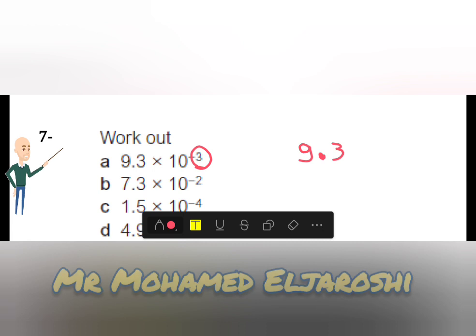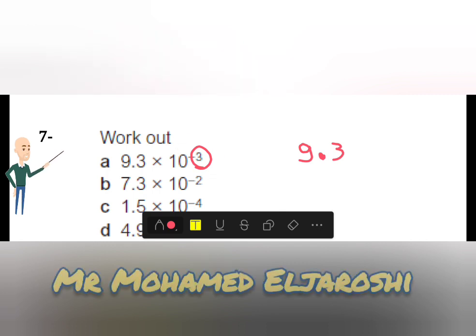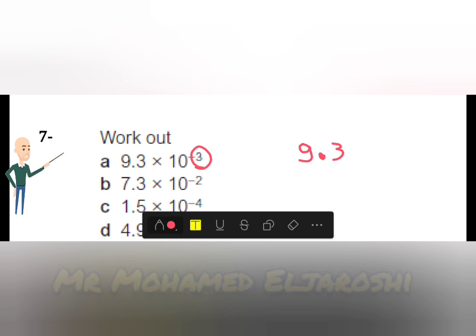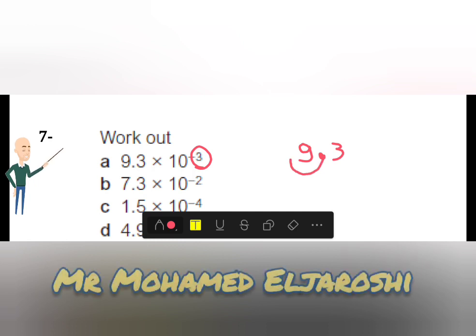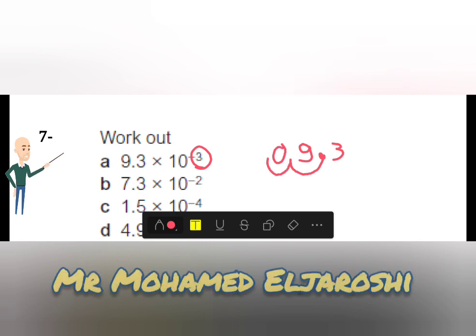Now, each time you move it away from a number, you have to put zeros. Let me explain. Now, I'm supposed to move it 3 times. Let's see how we move it 3 times, okay? So we have 1, so we put a 0 here. 2, we put a 0 here. 3, we put a 0 here and the decimal point.